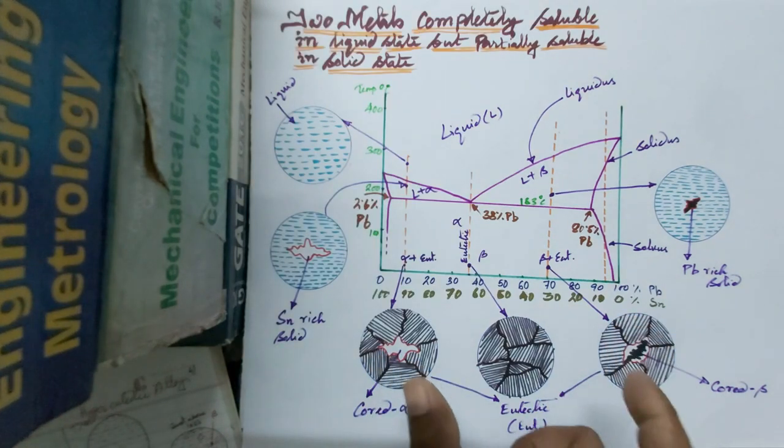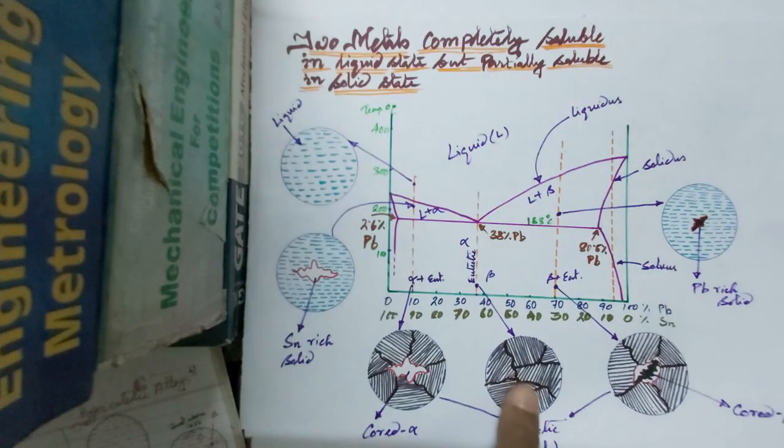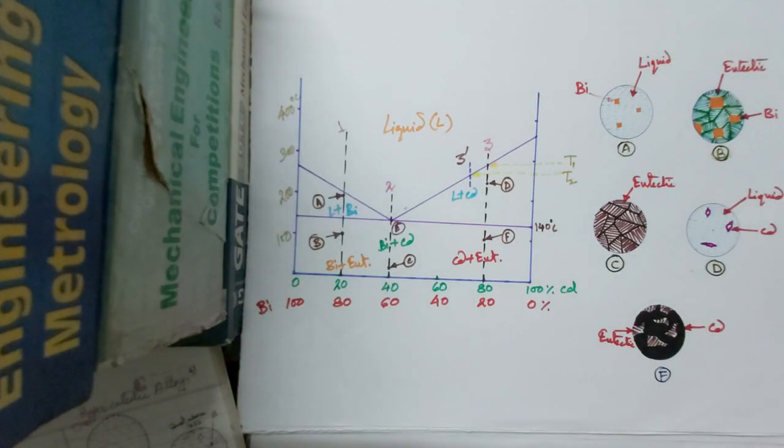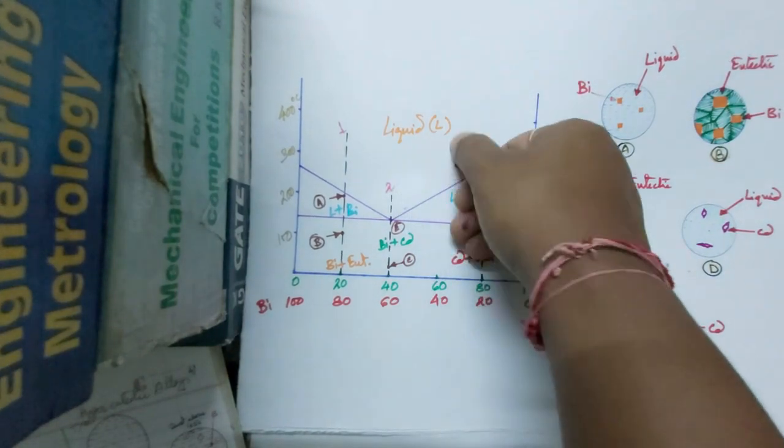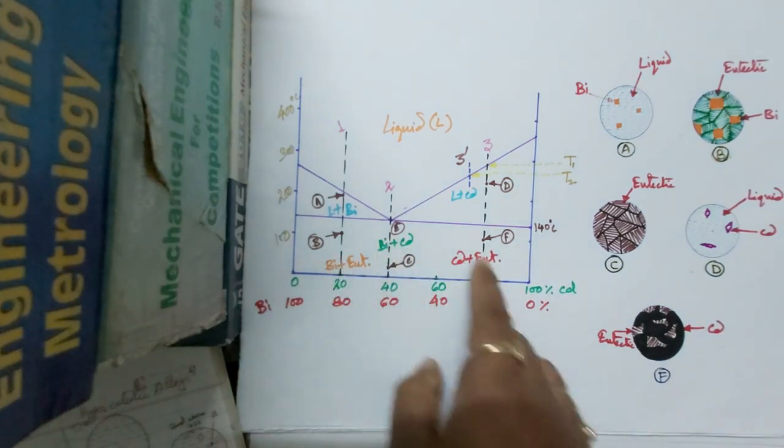So this is one type of eutectic reaction where we have total solubility in liquid state but partial solubility in solid state. Now this is the second case, where total solubility in liquid phase but totally insoluble in solid state.